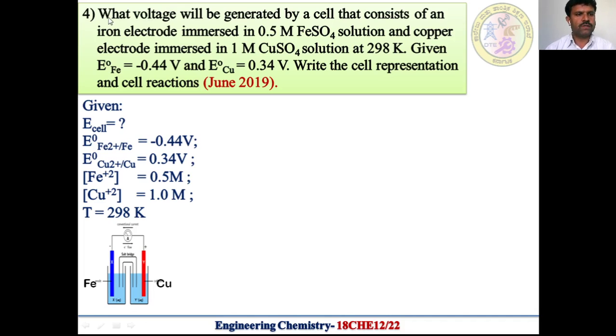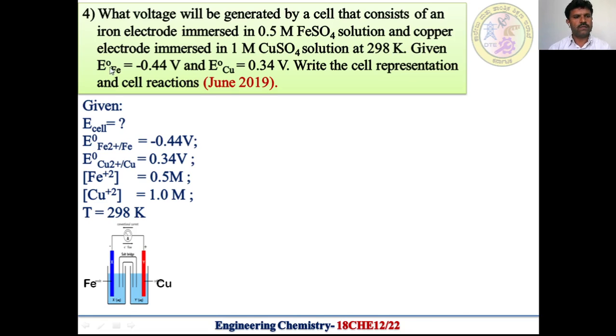The problem number 4 is about the EMF of a cell. It appeared in the June 2019 question paper. Let's go through this problem. What voltage will be generated by a cell that consists of an iron electrode immersed in 0.5 molar ferrous sulfate solution and a copper electrode immersed in 1 molar copper sulfate solution at 298 Kelvin?